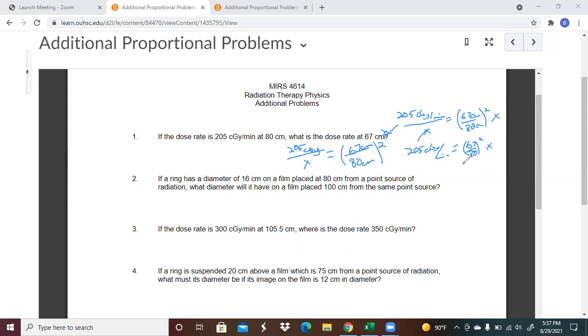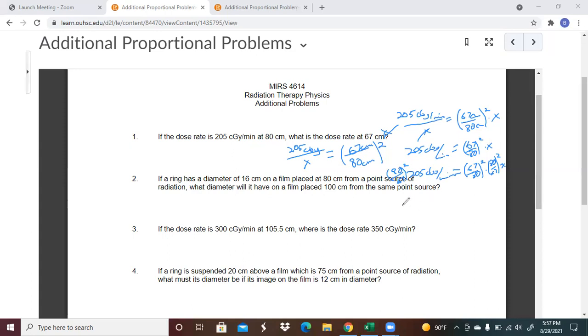In order to get rid of this term, I'm going to multiply by the reciprocal, and that means over here gets multiplied by the reciprocal as well.